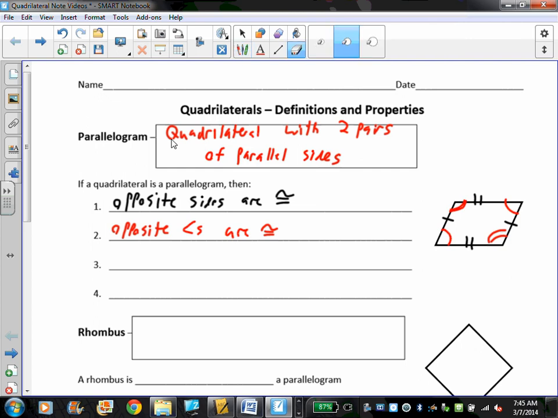If this quadrilateral is a parallelogram, we also know that consecutive angles are supplementary.